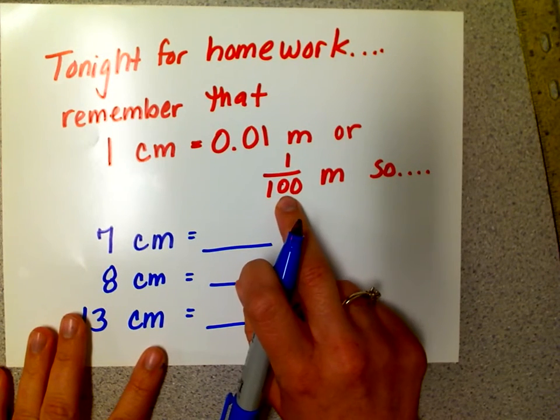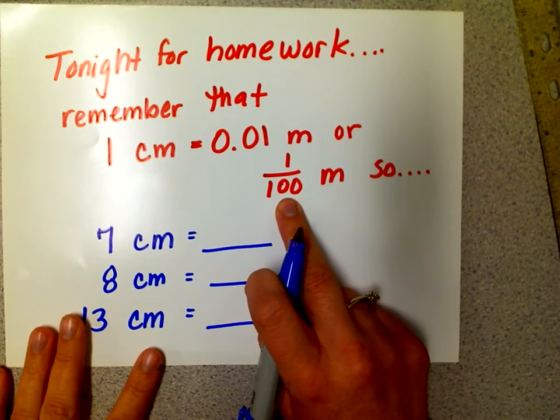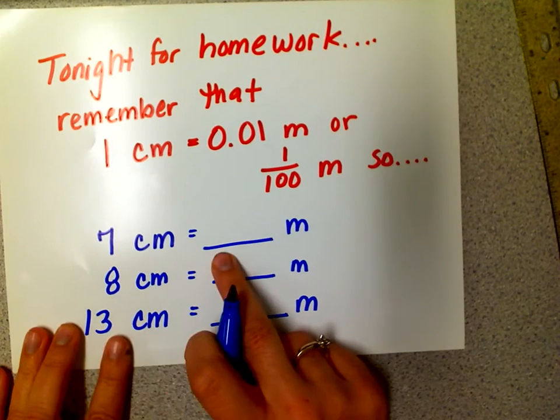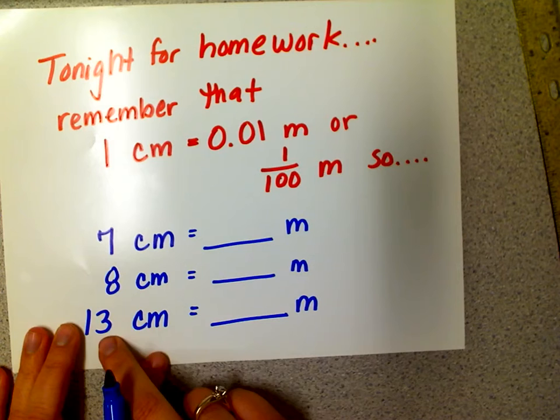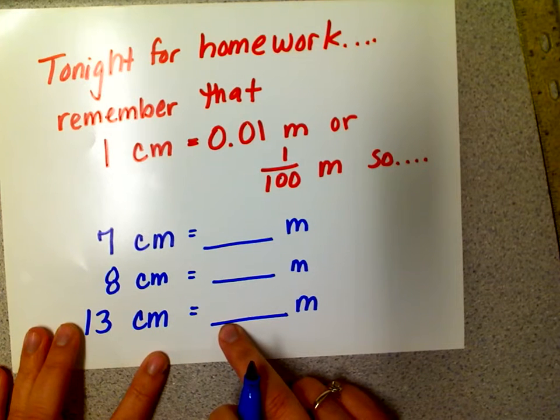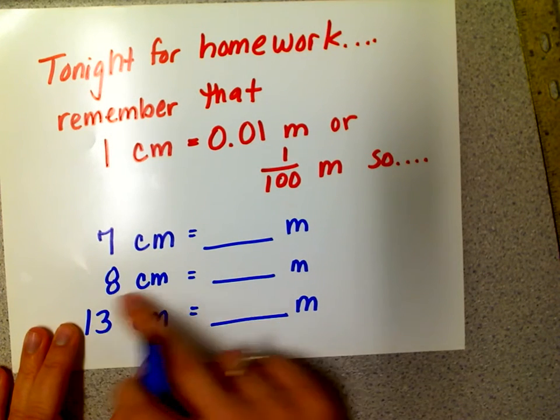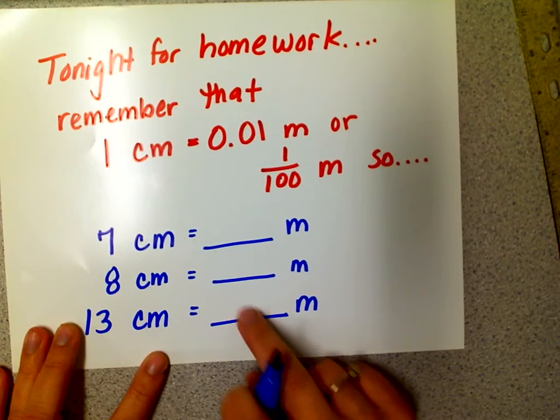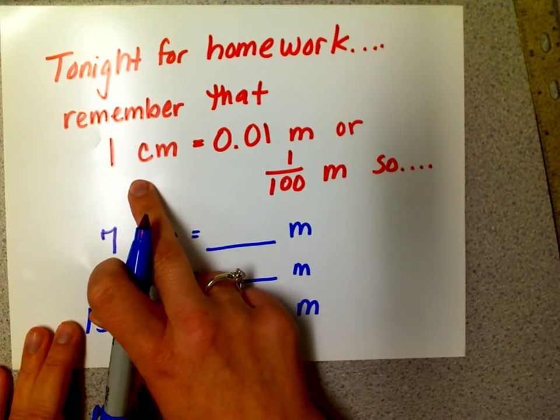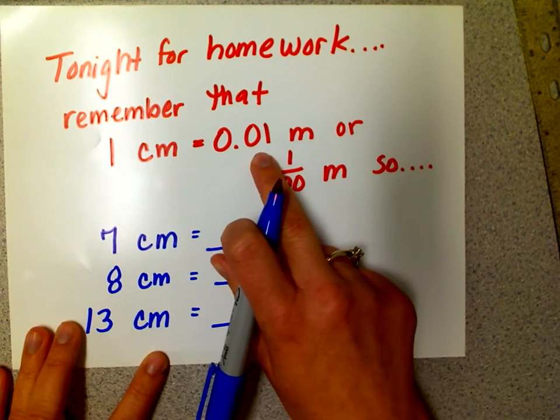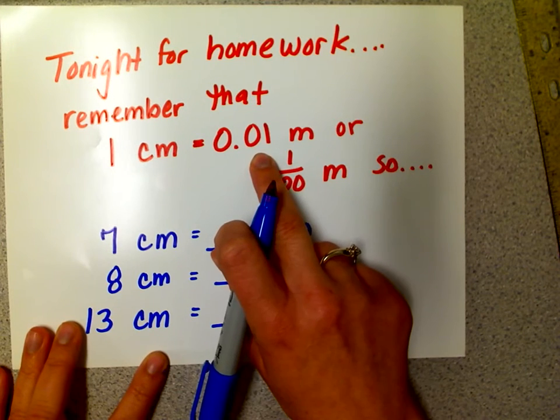Because again, there's 100 centimeters in a meter. So when I do these conversions, I have to keep in mind their answers are going to be decimals, okay? Because centimeters are part of 1 whole meter. So based on this conversion, 1 centimeter equals 1/100th of a meter.